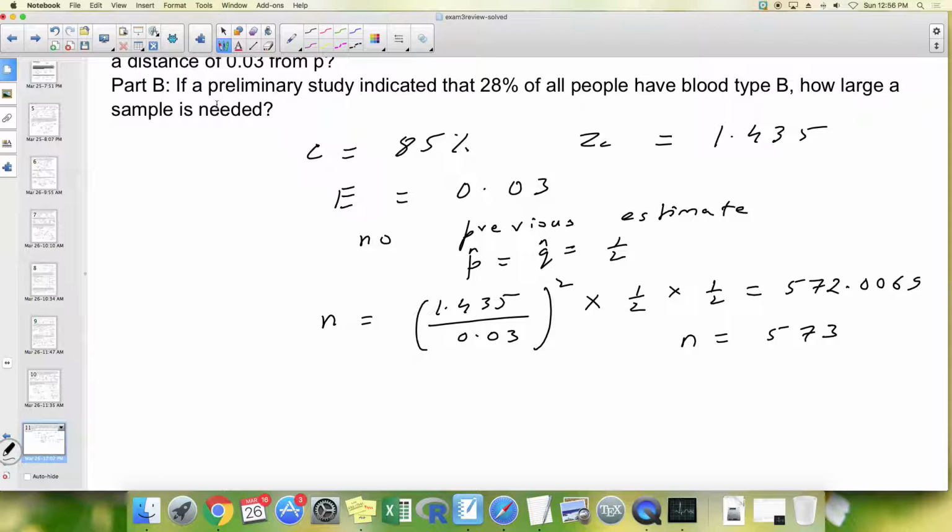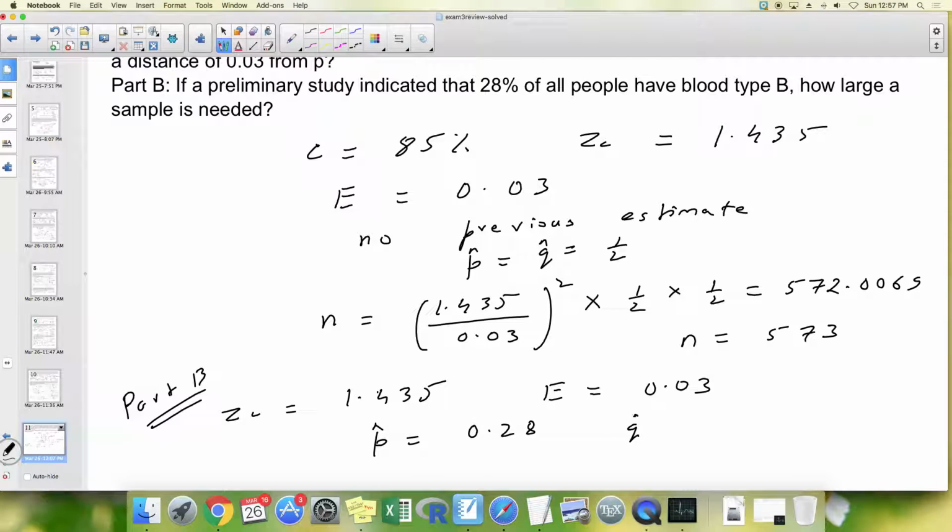In the next part, this is part B. zc is still 1.435. E is still 0.03, but now you have p hat. You can input p hat to be 0.28, and hence q hat, which is 1 minus p hat, to be 0.72.